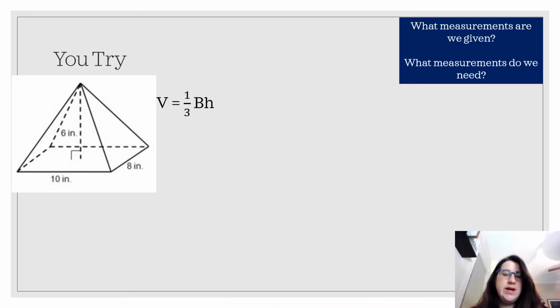Why don't you guys go ahead and try this one on your own. I'm going to give you guys about a minute, and if you need more time, go ahead and pause it.